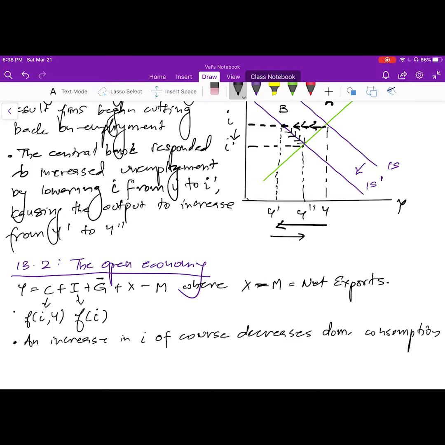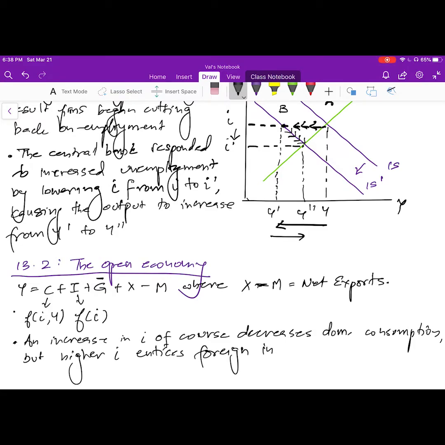Okay, so an increase in I, of course, decreases domestic consumption, as I explained before, but a higher interest rate entices foreign investments, right?